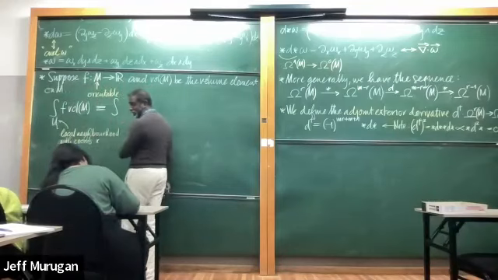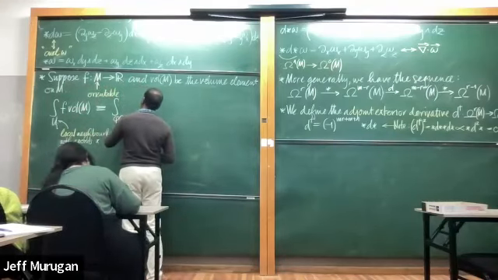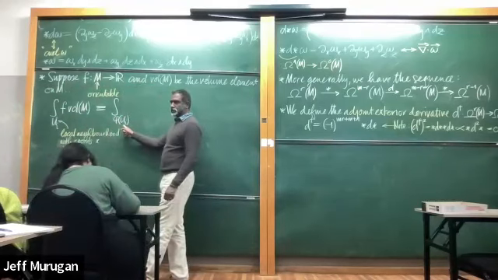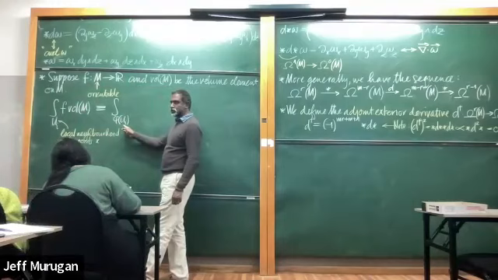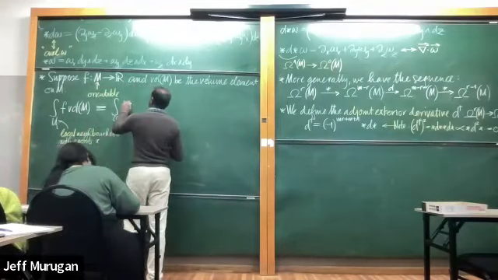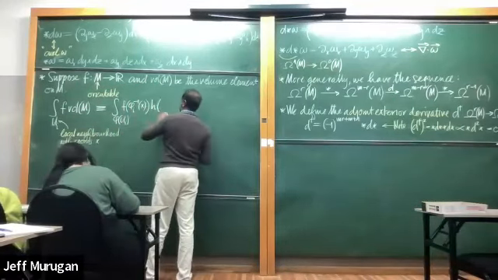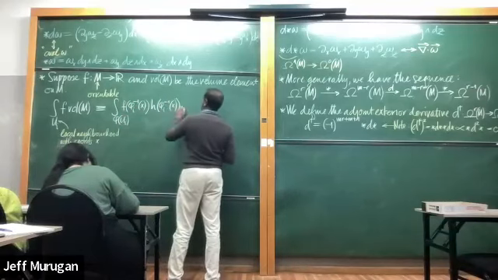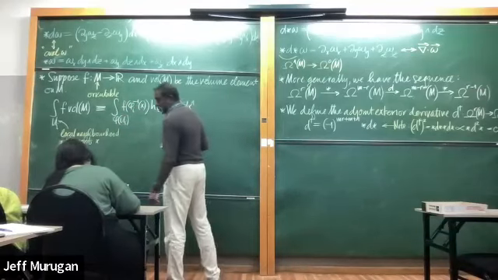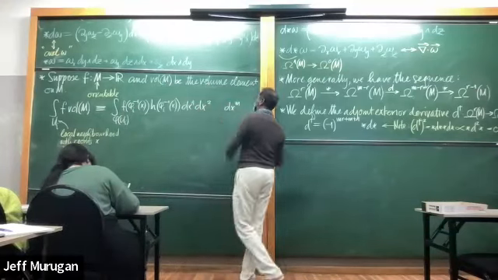So this I know I can write as an integral over phi of U_i, where phi is the map that takes this coordinate neighborhood to the associated open set in R^n, of f of phi inverse of x, h of phi inverse of x, dx1, dx2, through dxn.